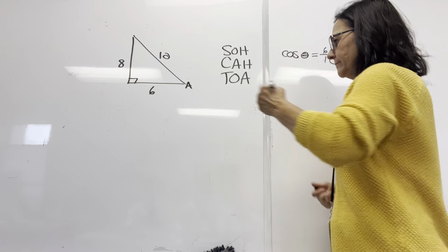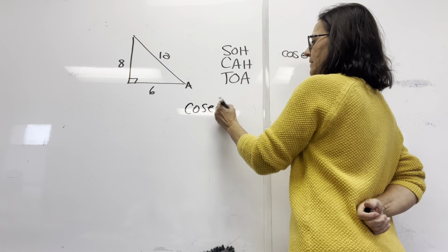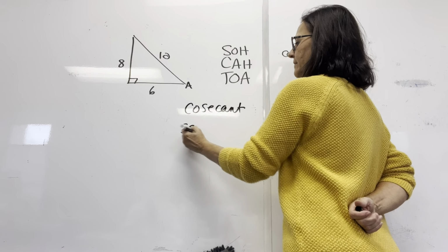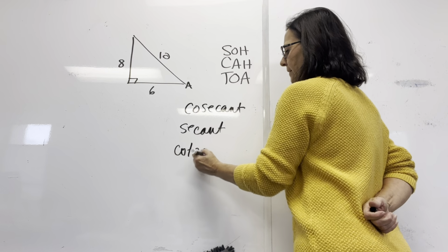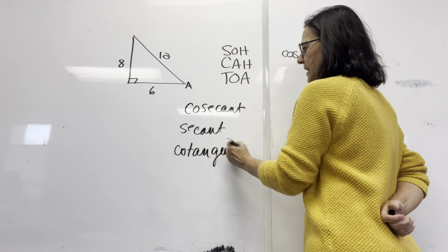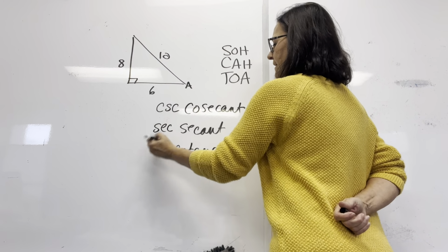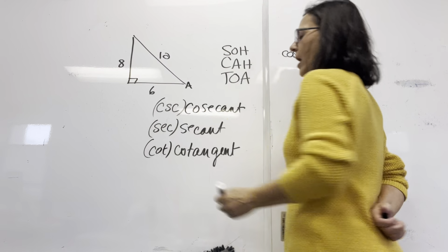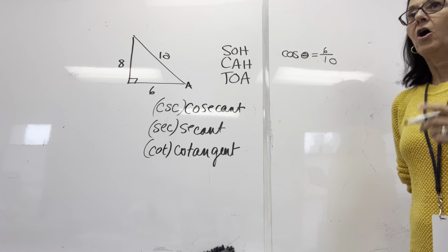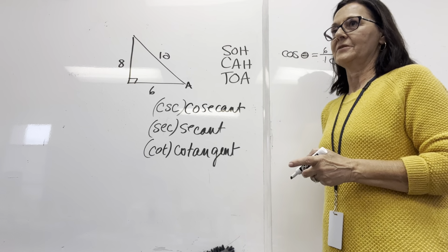All right. Then we have the cosecant, the secant, and the cotangent. This is CSC, this is SEC, and this is COT. I know, they should switch the names on that. 100% they should, but I was not around when they came up with these names.